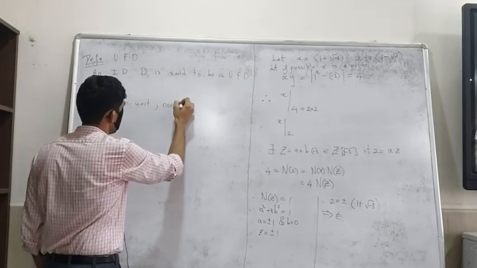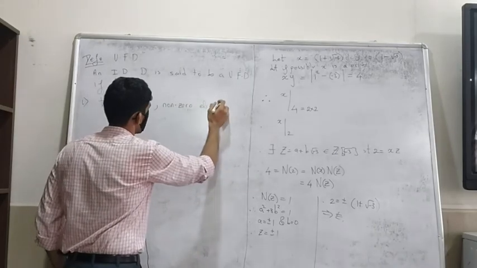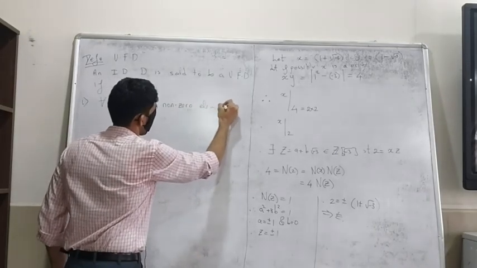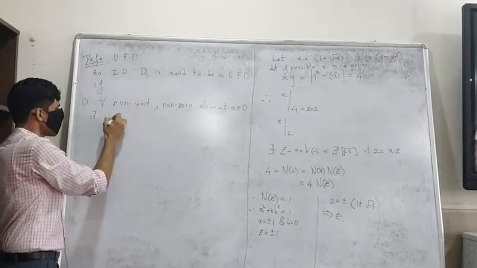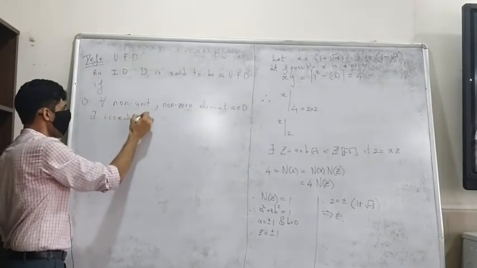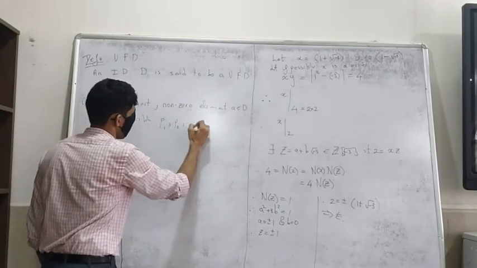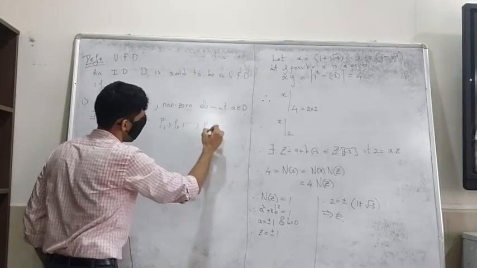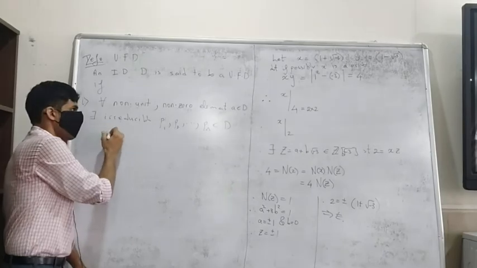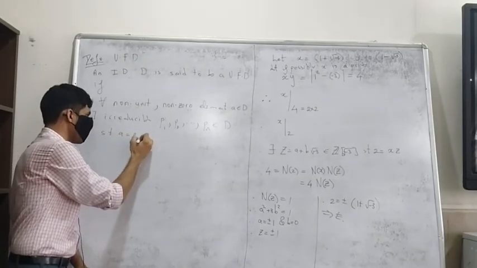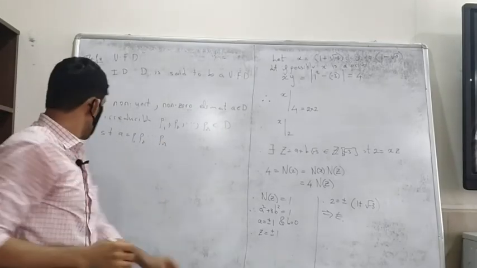There exist irreducibles P1, P2 up to PR in D such that A can be written as the product P1, P2 up to PR. That is the first condition.